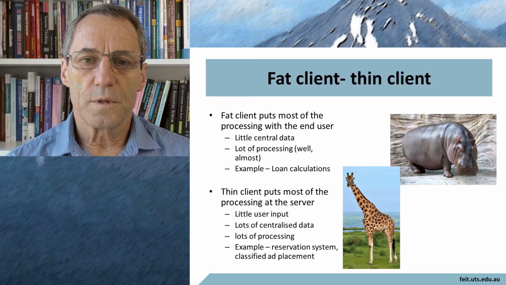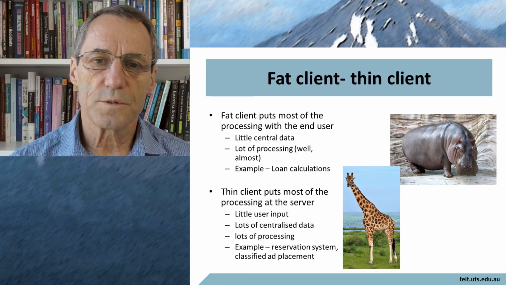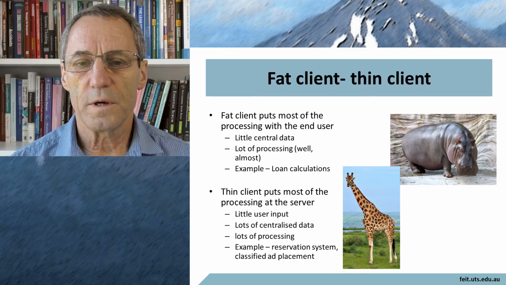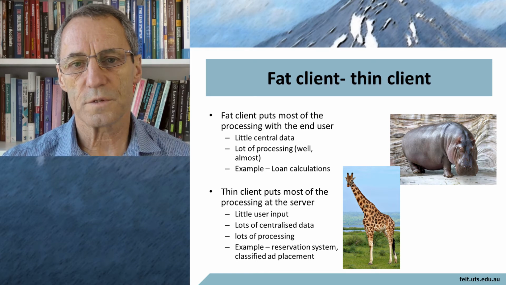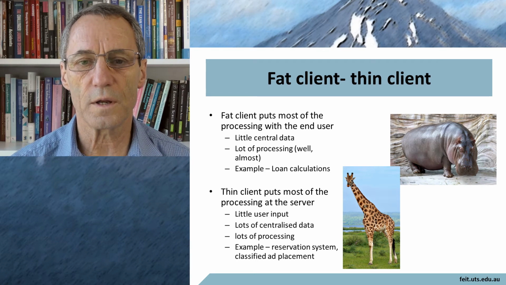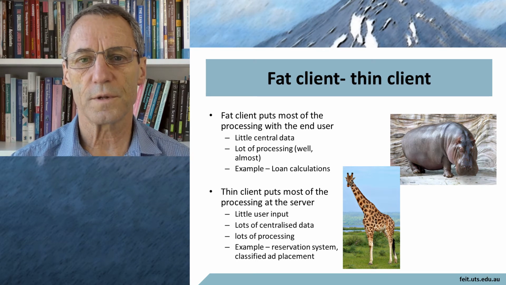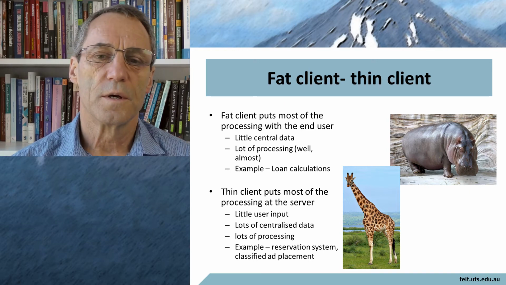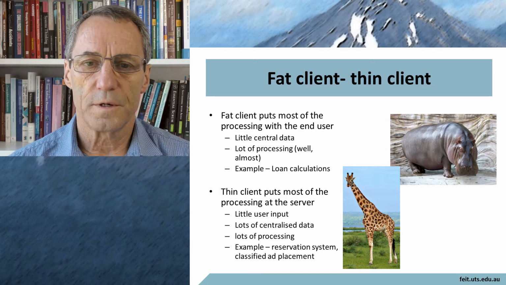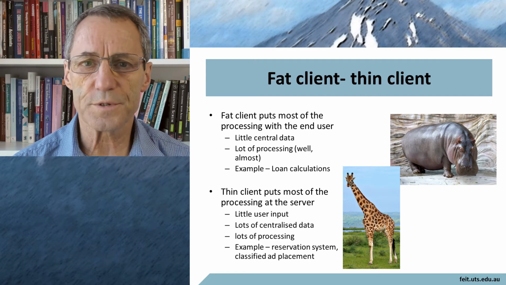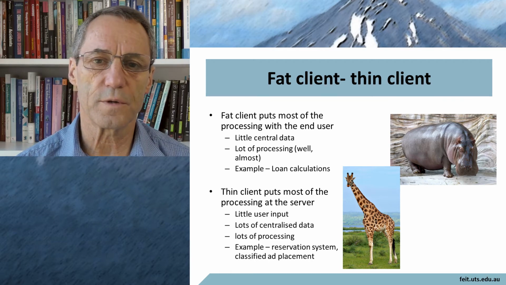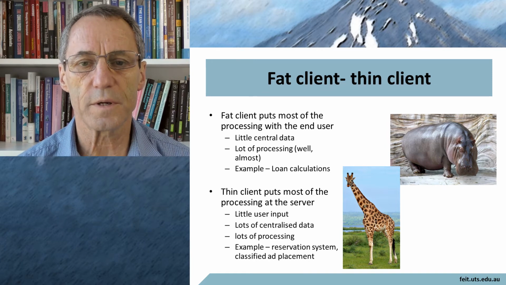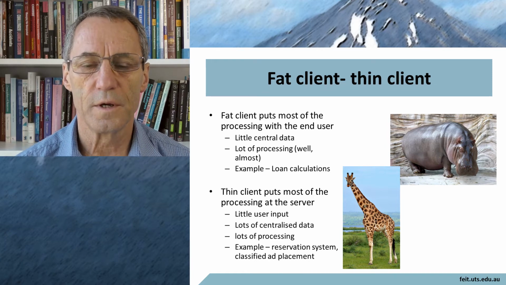A lot of the times in web-based systems you face a choice between having a thin client or a fat client. Now the client is the part of the system that is visible to the end user and that runs on the end user device. A fat client has a lot of the processing on the end user's system, whether that's their desktop or their tablet or their smartphone, doesn't matter, but a lot of the processing happens there.